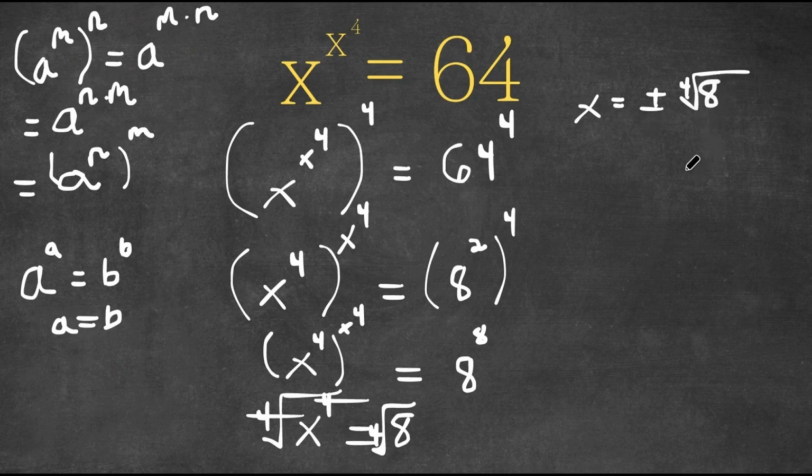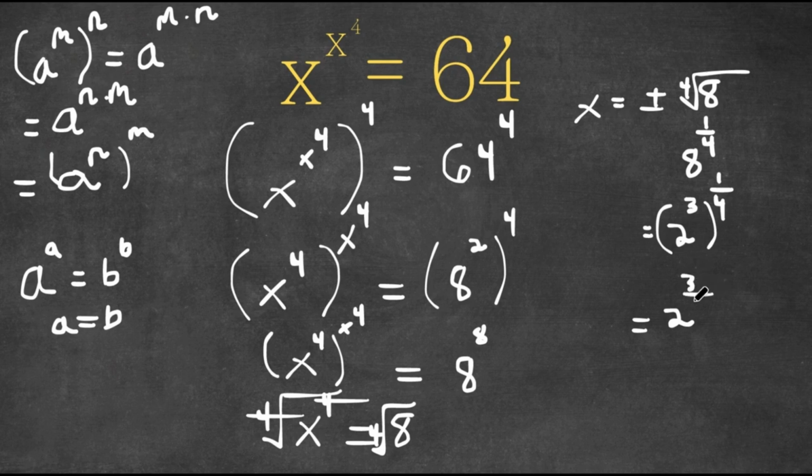And this can also be written as 8 to the power of 1/4. And this can also be written as 2 to the power of 3, to the power of 1/4. And remember, we multiply m with n, so this is equal to 2 to the power of 3/4. So this is our answer.